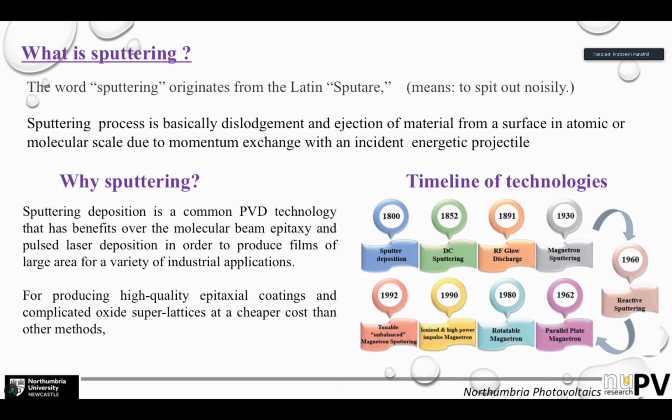The word sputtering came from the Latin word sputtere, which means to spit out noisily. You can see the timeline of the development of sputtering techniques. The first sputtering technique was introduced in 1800, and it has developed into newer techniques in recent years.